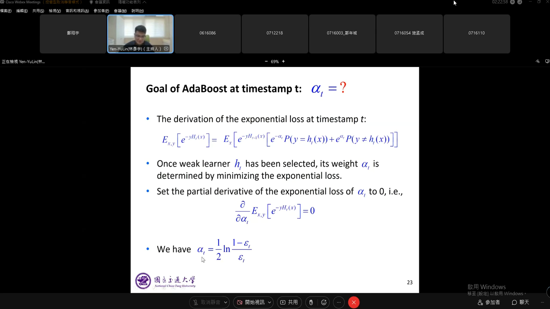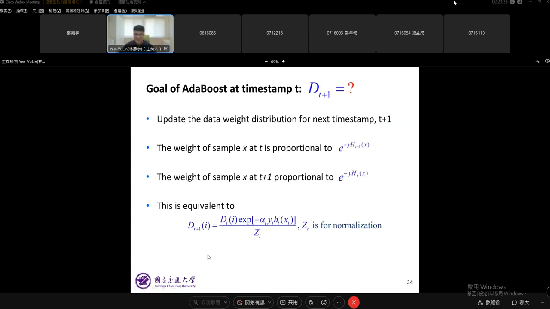This is why we say the value of alpha t can be calculated by using this equation. So this is the second step: the value of alpha t is determined to minimize the exponential loss.